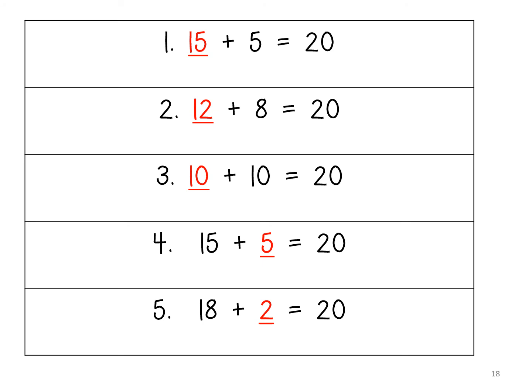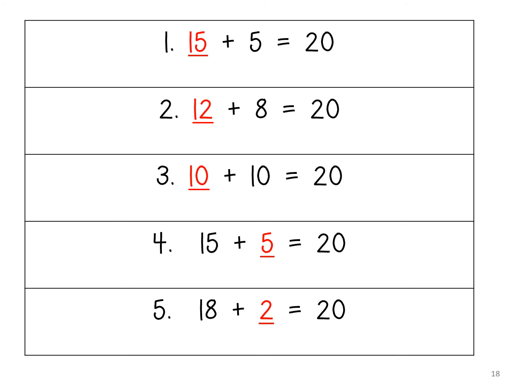Let's see how we got that. Let's take 20 and count backwards 5 times. So 20, 19, 18, 17, 16, 15. So that is how we got our answer 15. So 15 plus 5 is equal to 20.